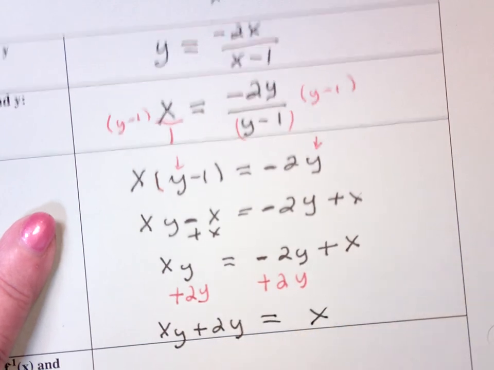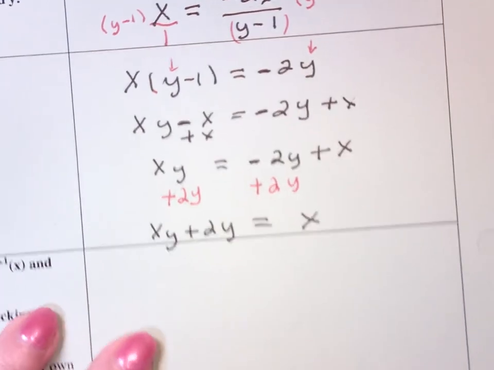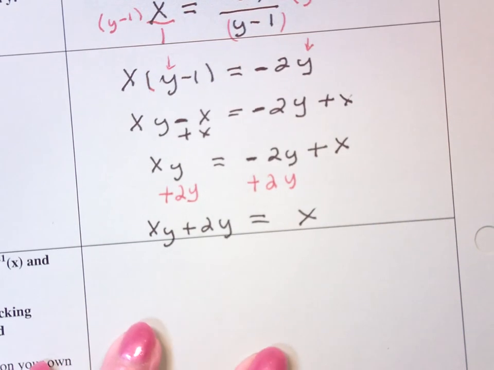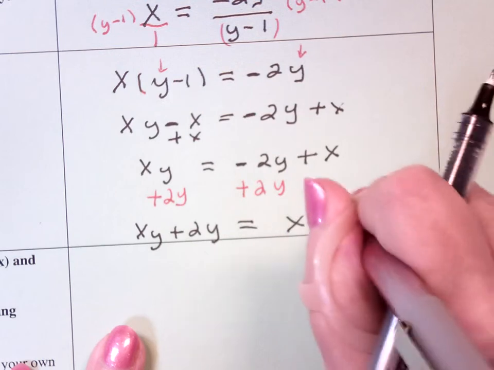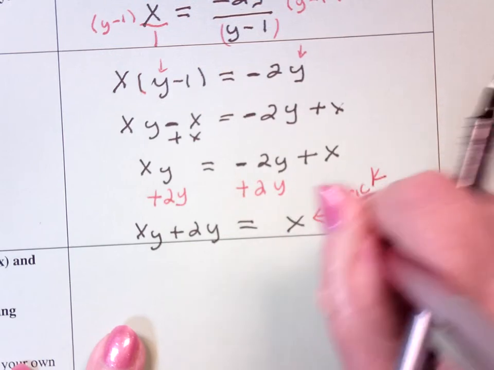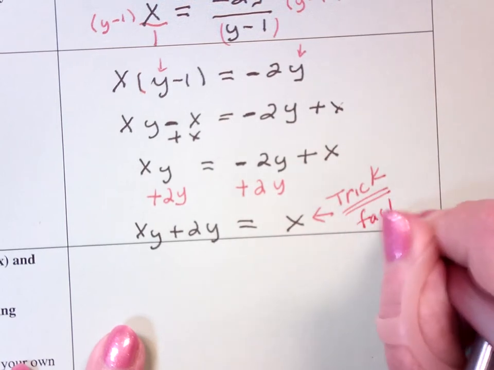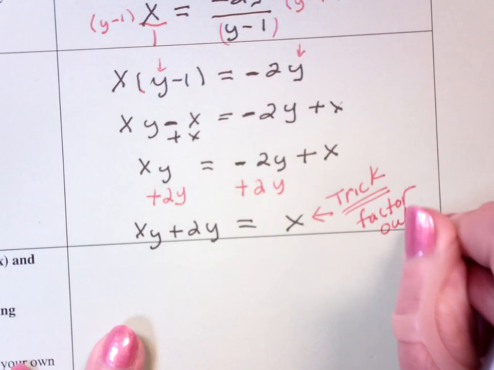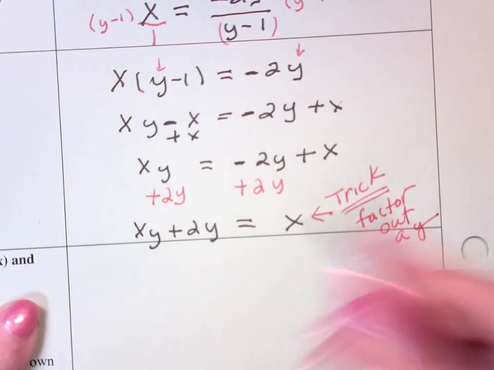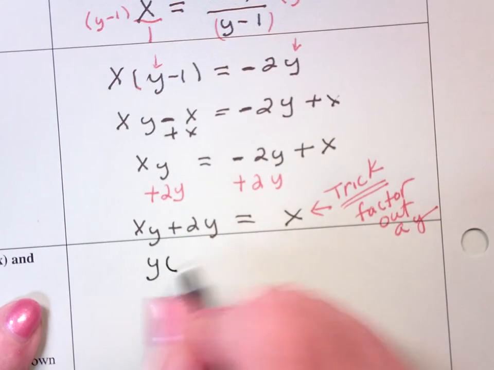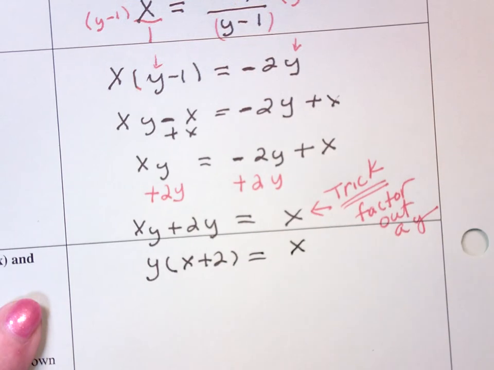Now I've got everything with a y in it on one side, and everything with x's that doesn't have a y in it on the other. And we look at the trick. And the trick is to factor out a y on the left-hand side, so that y times x plus 2 equals x.